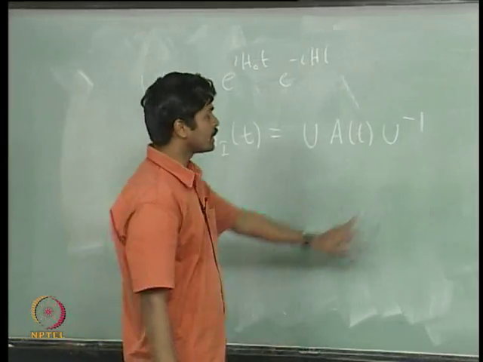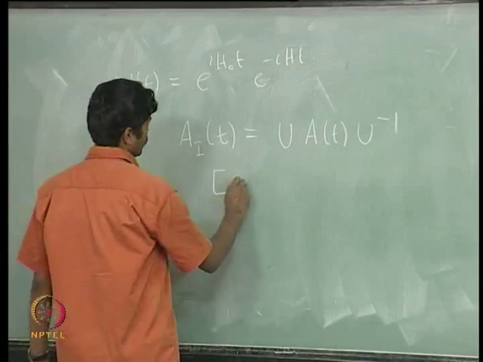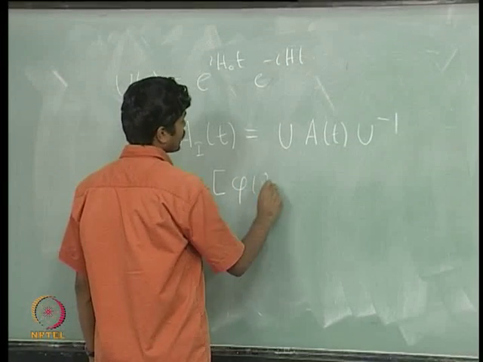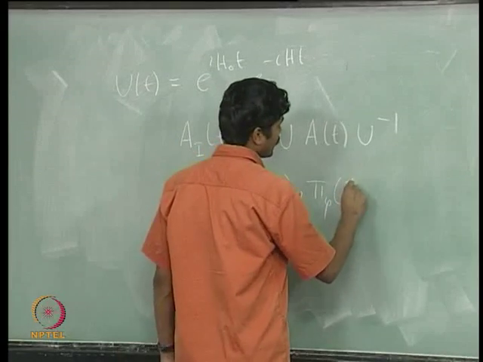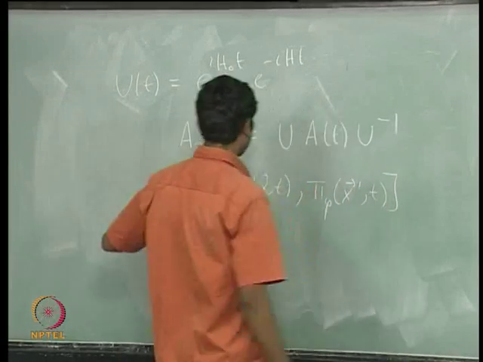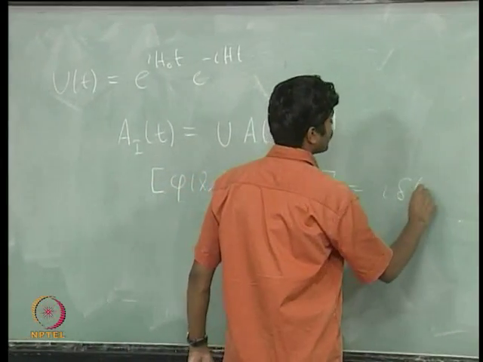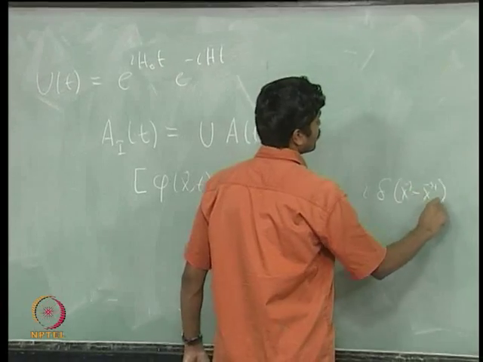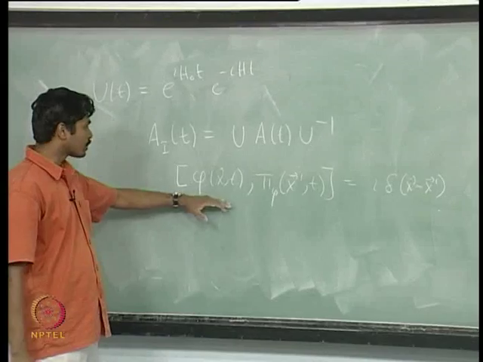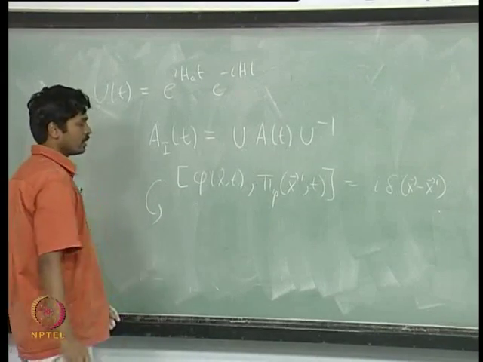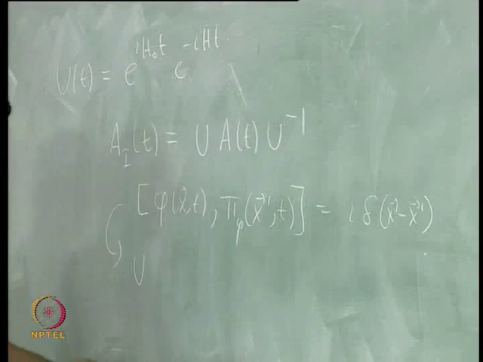So, therefore, now you can see that if you consider this commutation relation, phi x t and pi phi of x prime t, the fundamental equal time commutation relation, this is i delta x minus x prime. This is the commutation relation in the Heisenberg picture. Then you can operate U inverse on both sides.